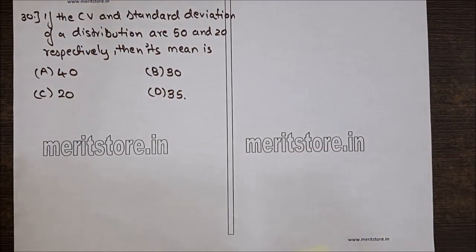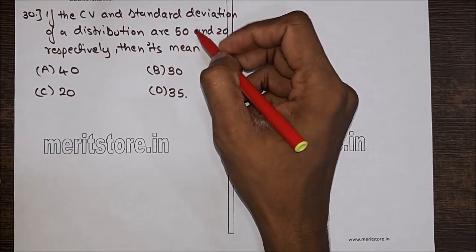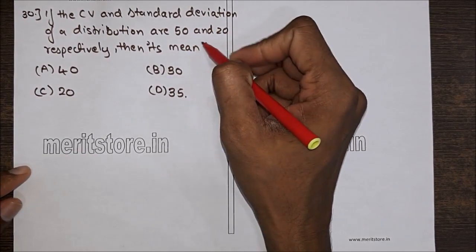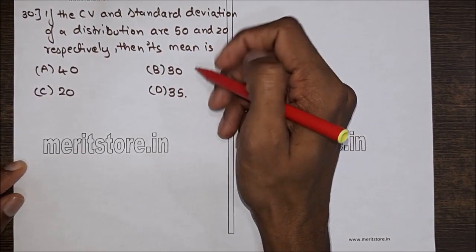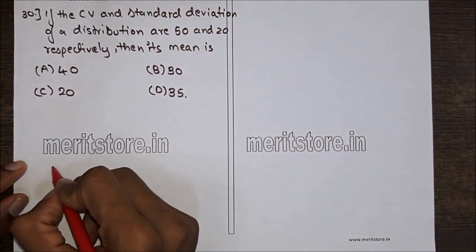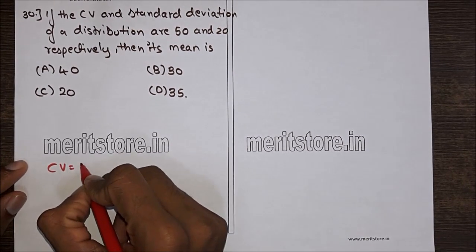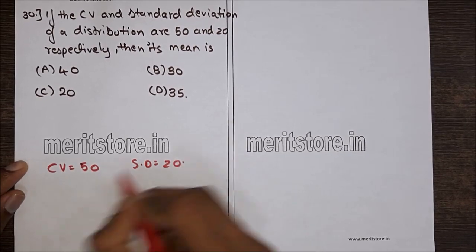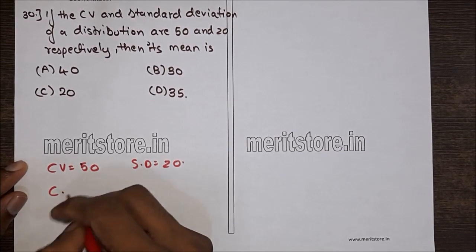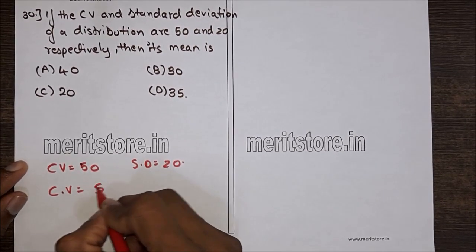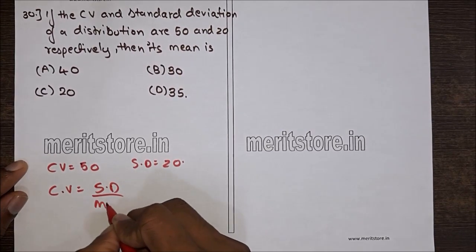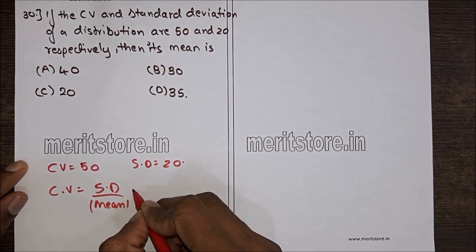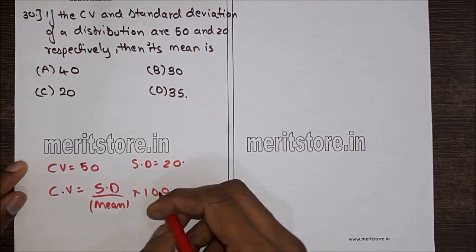Question 80. If the coefficient of variance and the standard deviation of distribution are 50 and 20 respectively, then its mean is? We have CV, that is coefficient of variance, equal to 50 and the standard deviation is equal to 20. So coefficient of variance can be written as standard deviation upon mod of mean into 100.